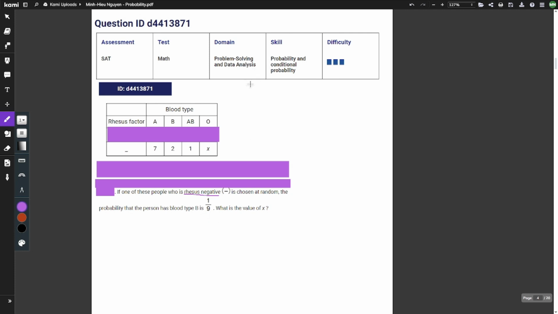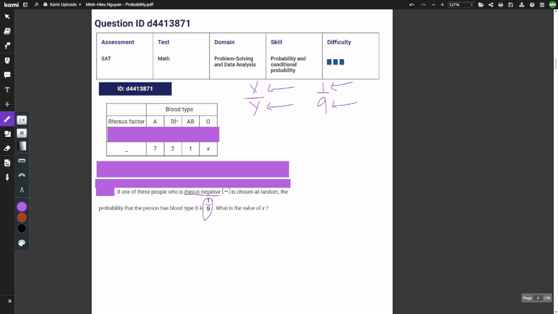Now if you remember, in our probability fraction, x over y, the numerator is the number of things that we want, and the denominator is the total. So for this fraction right here, 1 over 9, 1 is the number of people that have blood type B, and 9 is the number of people that are rhesus negative, or our total.